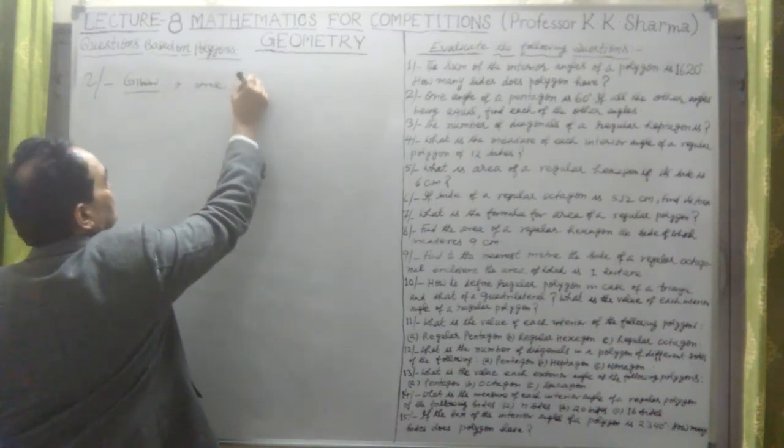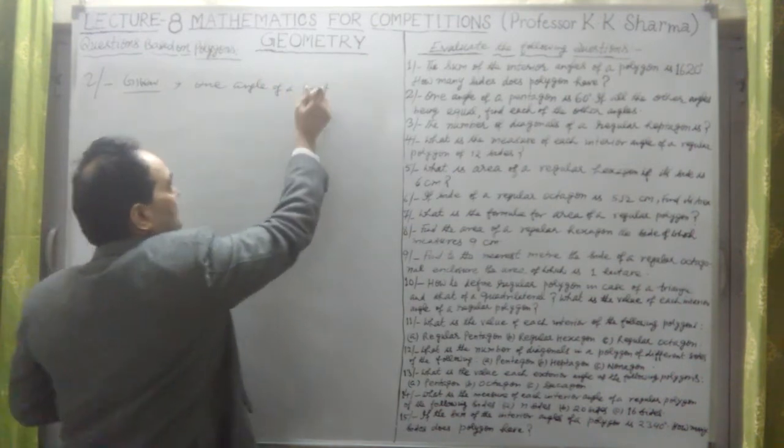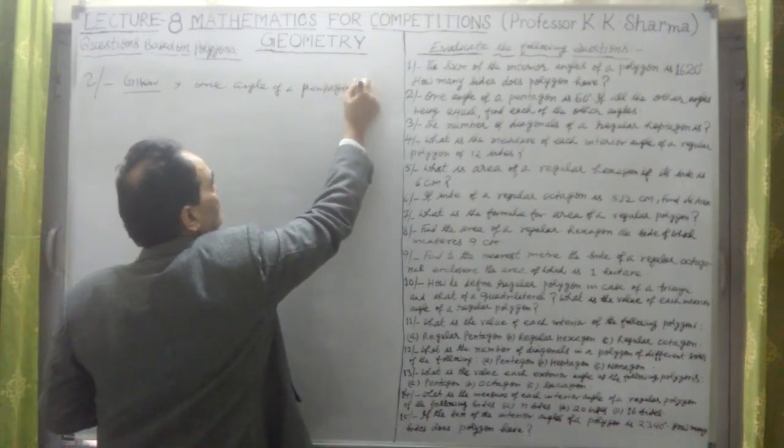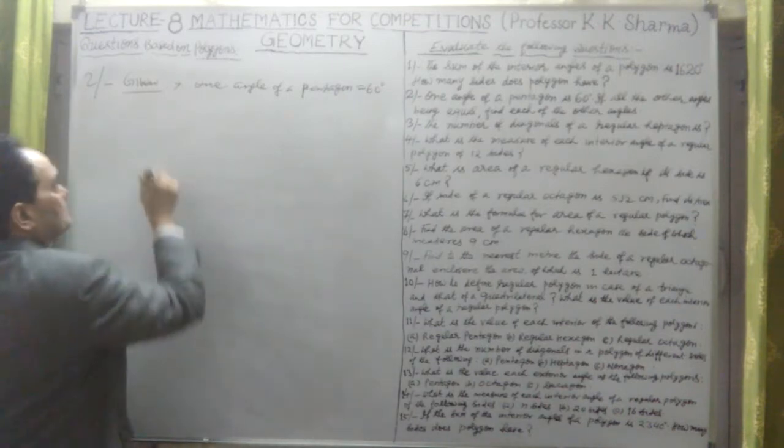One angle of a pentagon is equal to 60 degrees. Pentagon means a 5-sided figure.